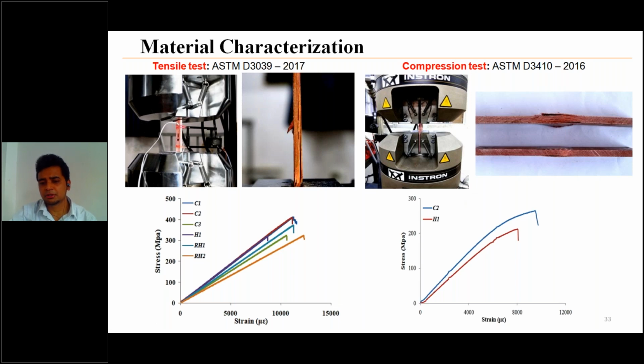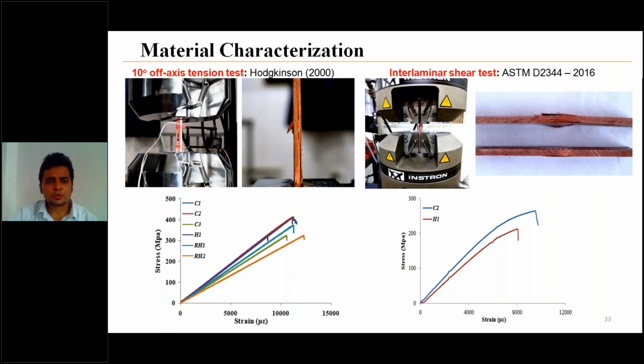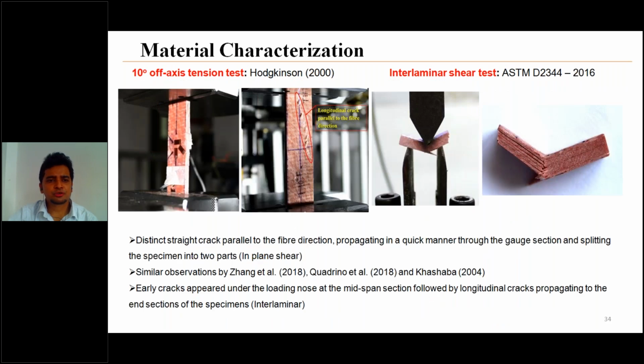The stress strain behavior of the matrix regime is always nonlinear, so it is a combination of both. Other tests were also carried out, like the in-plane shear test, which was conducted using the procedures given in Hoskinson, then the interlaminar shear test.